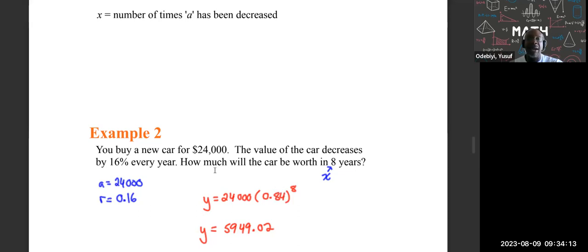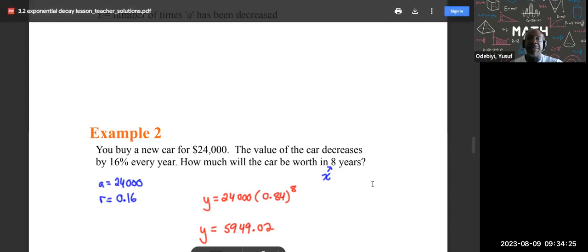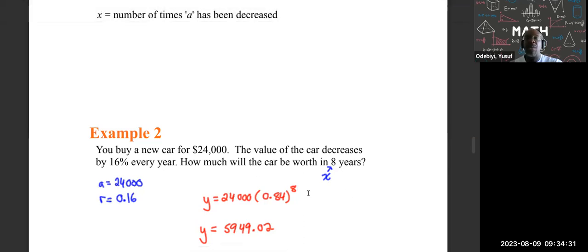It's asking how much the car will be worth after 8 years. So my X is 8, because it's 8 years I'm looking at, and every year it goes down by 16%. My decay rate is 16% per year, so X is 8 over 1, which is just 8.